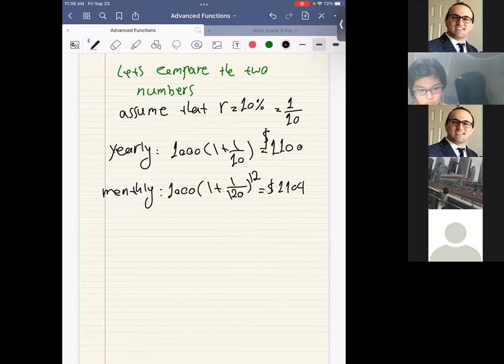So imagine that you want to compute the money after 1 year, but you compute the interest daily. So first of all, you have to divide R, because every year consists of 365 days, right?